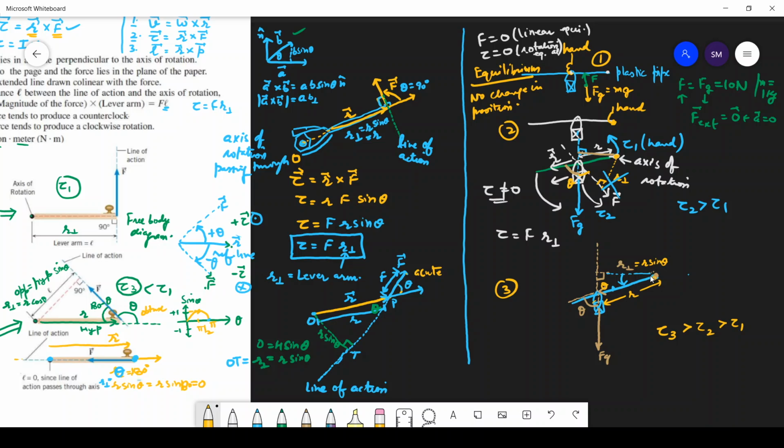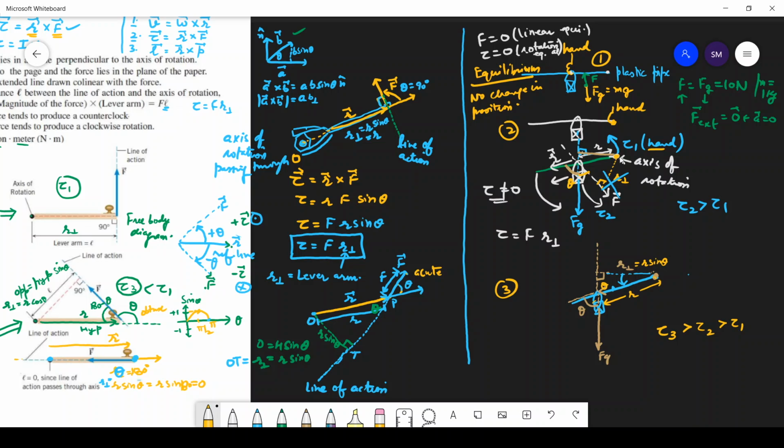From the hand in that position you can clearly see that I am unable to, because I am applying the force at the axis of rotation. So R is 0 here, and the torque that I am applying from my hand is 0. Have you understood? That is why I will not be able to hold this rod in this position.